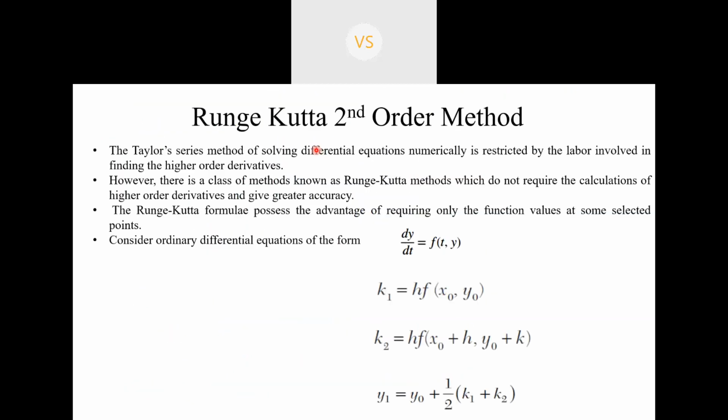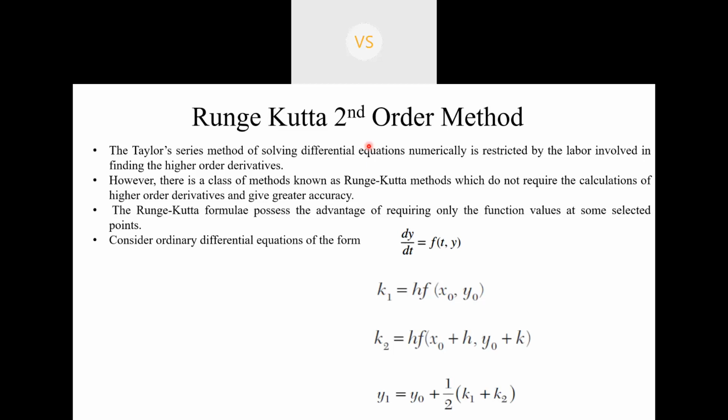Now we'll move on to Runge-Kutta second order method, which is also known as RK method. Now we have seen Taylor series method. In Taylor series method, it is required to find out the higher derivative terms like d square y by dx square, d cube y by dx cube.